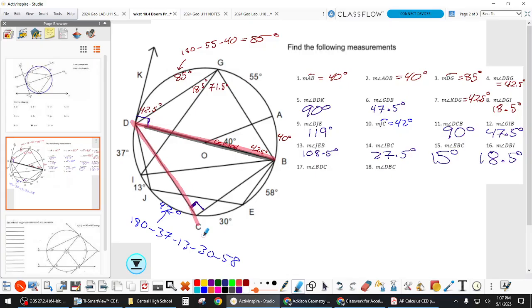Okay, what does that intercept? Arc CB, so 88. What's half of 88? 44. And DBC. DB. Didn't we already do that one? Half of that group. So that makes 50, 92. Half of 92.